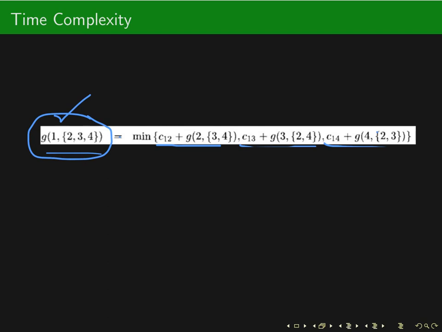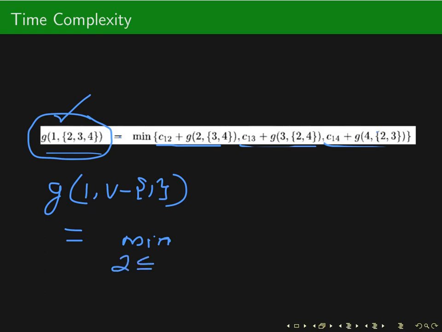Now we can write this definition in a more formal way as g of 1, set of all vertices V minus the vertex 1, which is the starting city, equals the minimum of, k going from 2 to n, c of 1k plus g of k, set of all vertices V minus the set {1, k}.